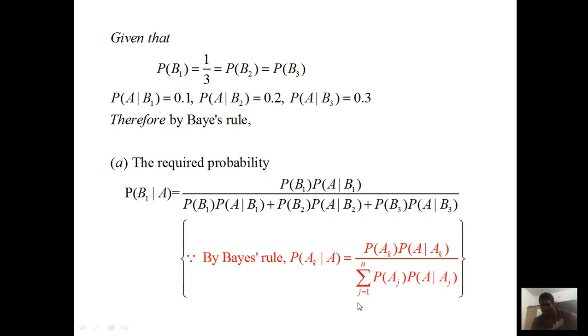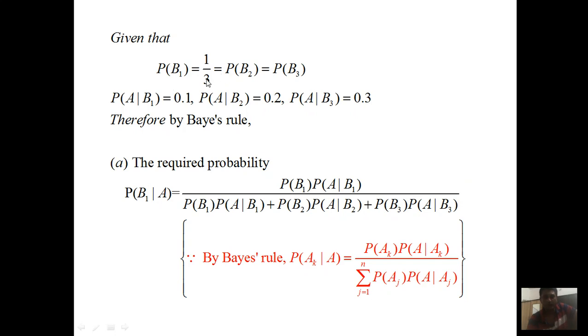Now this is the general statement which contains n mutually exclusive events, but right now there are 3 mutually exclusive events, because in this example there are 3 boxes, box B1, box B2 and box B3. So the denominator is probability of B1 into probability of A given B1, plus probability of B2 into probability of A given B2, plus probability of B3 into probability of A given B3.